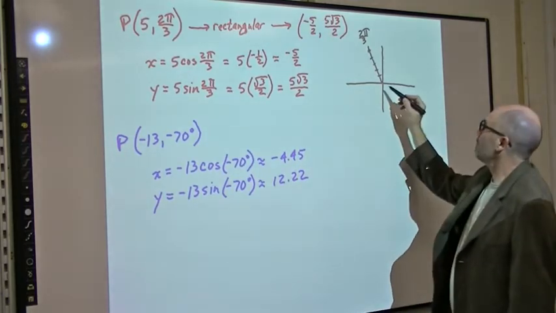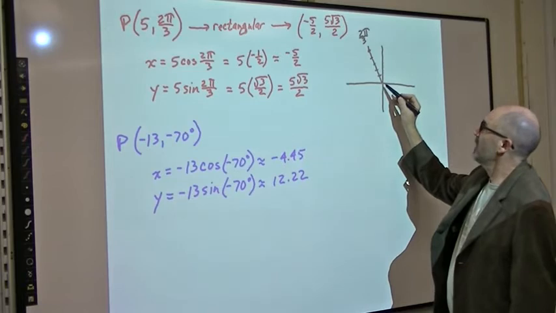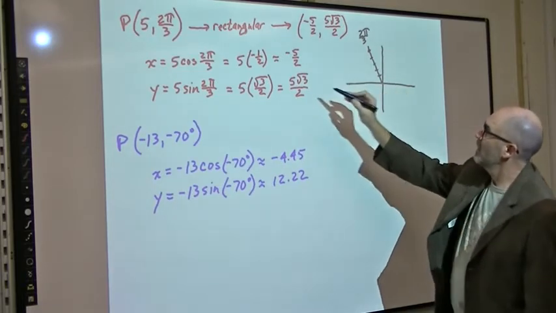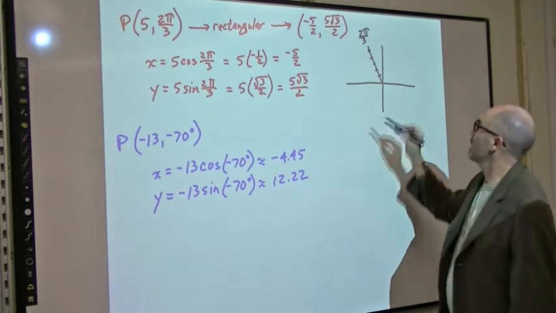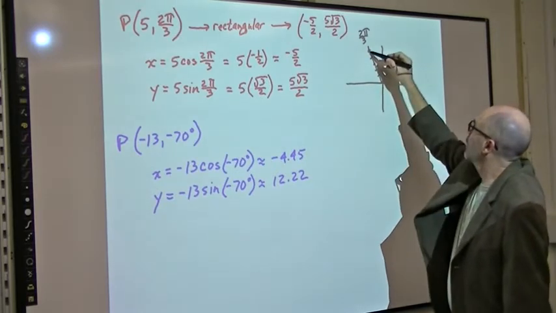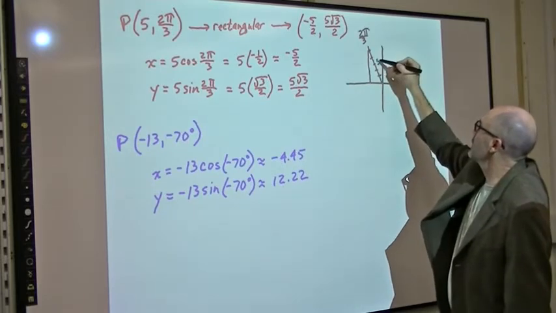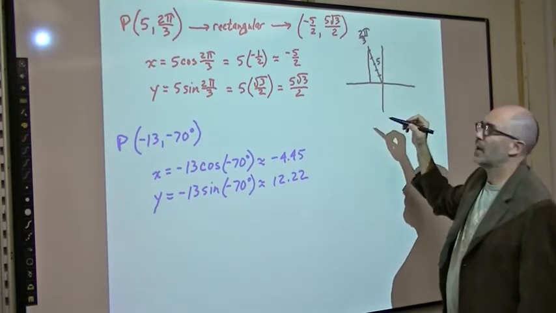Now, what I'm saying is that this is 2.5 left and 2.5 times square root of 3 up. Basically I know this is going to be true because this is a 30, 60, 90 right triangle.